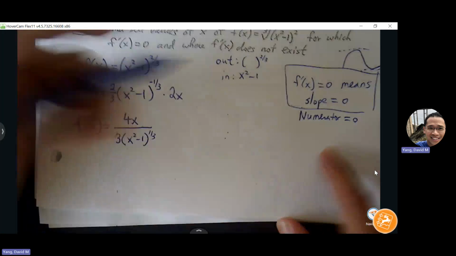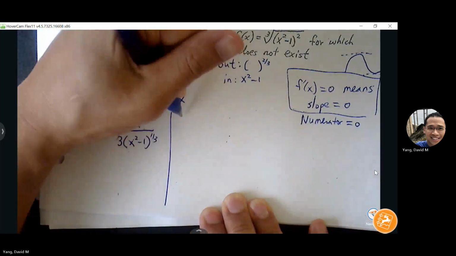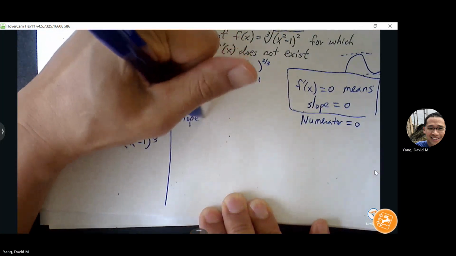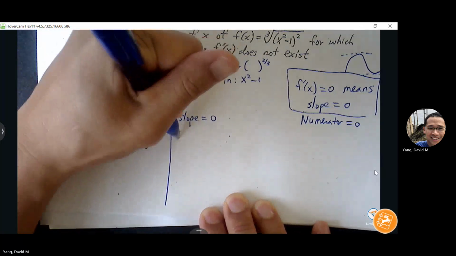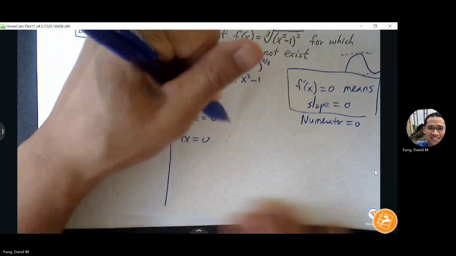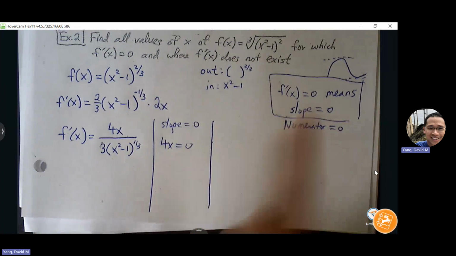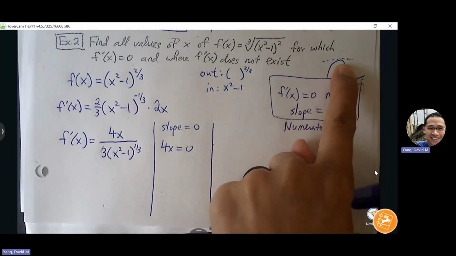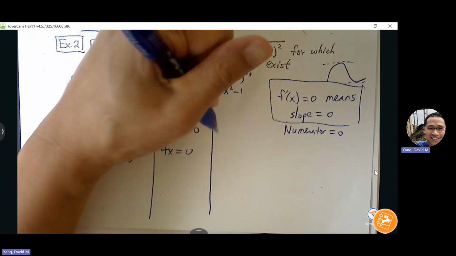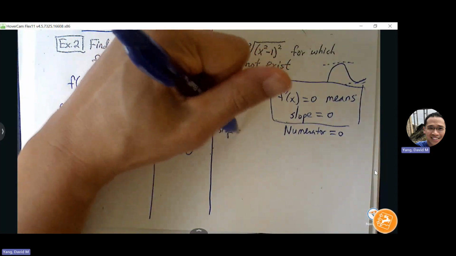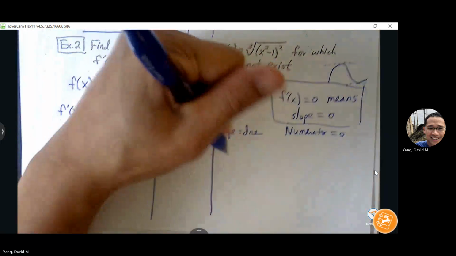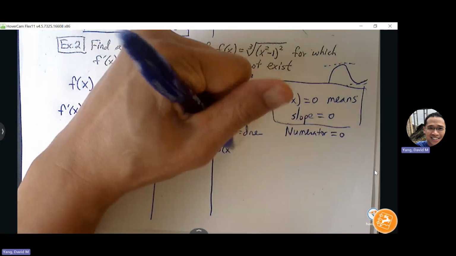Okay, so I'm going to break it down here. Just set the numerator equal to 0 to figure out where my slope is going to have a horizontal tangent. And if I want to find slope undefined, I'm going to set the denominator equal to 0.